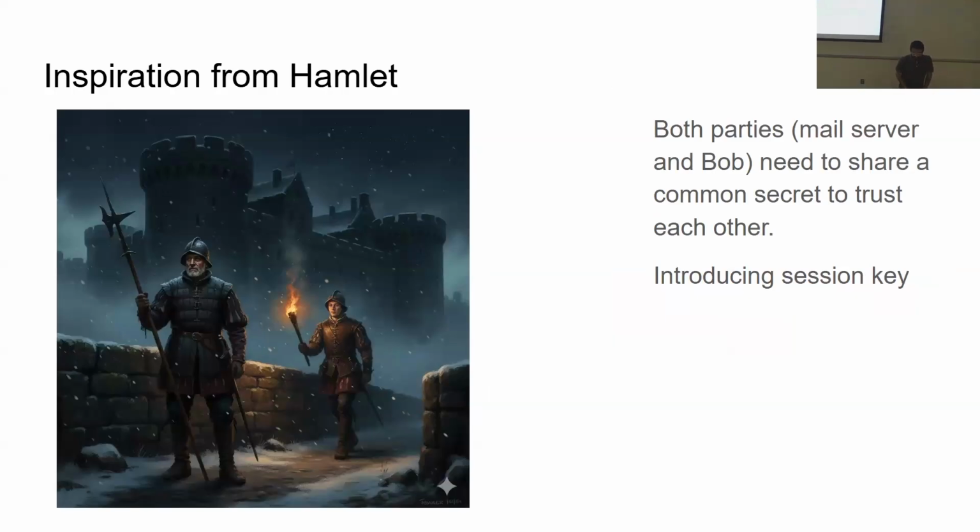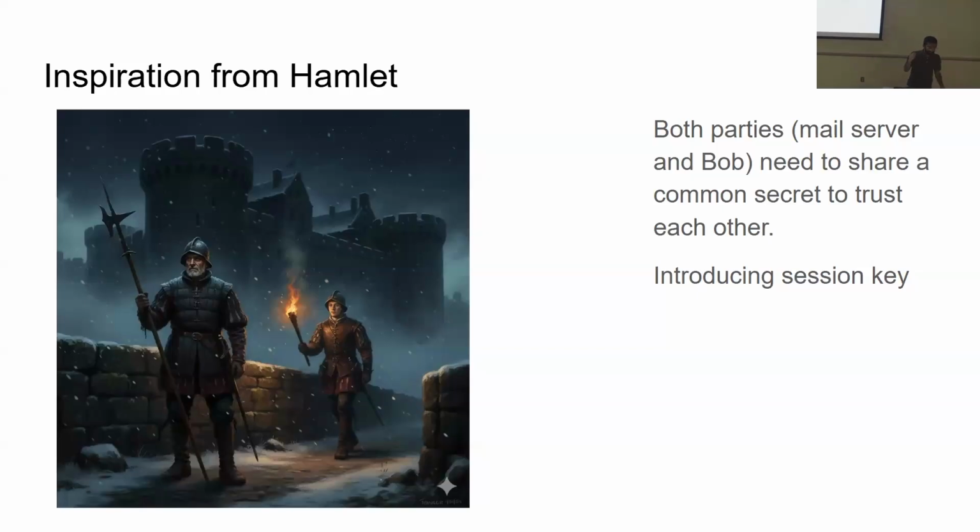So that's where we'll be introducing a session key, which is used in a lot of other systems as well. But then again, we need to make sure both the mail server and Bob have the same session key. And how would that happen? Of course, Sharon would be the one issuing that session key. The problem is we need to communicate that same session key both to Bob as well as the mail server.